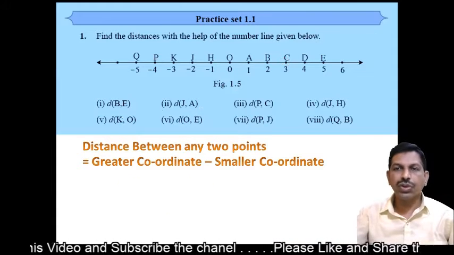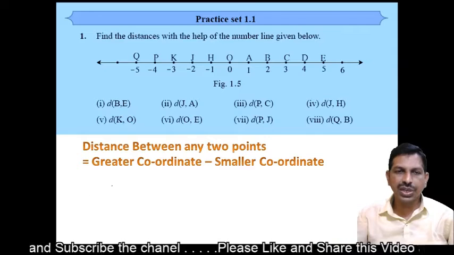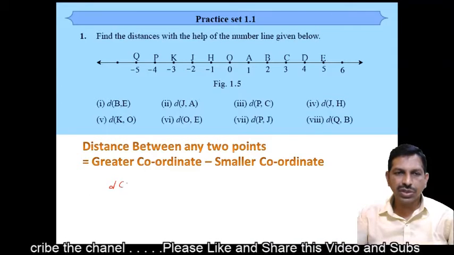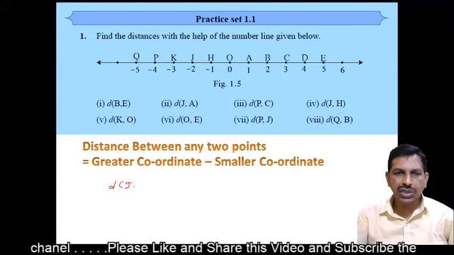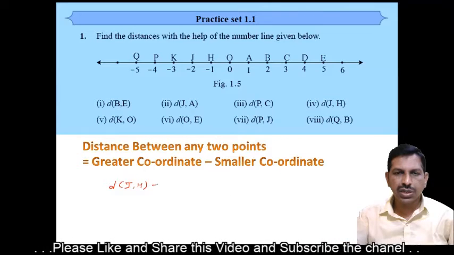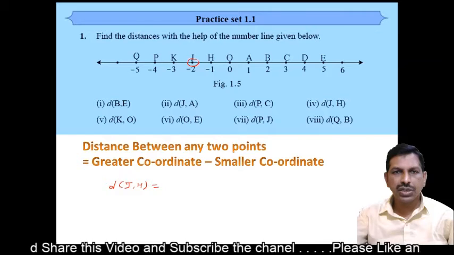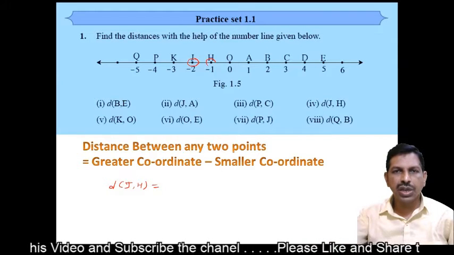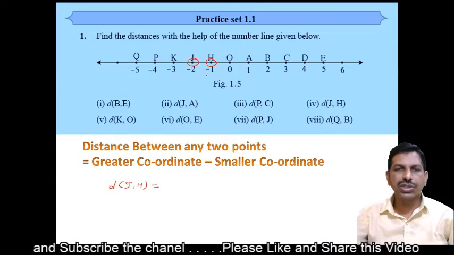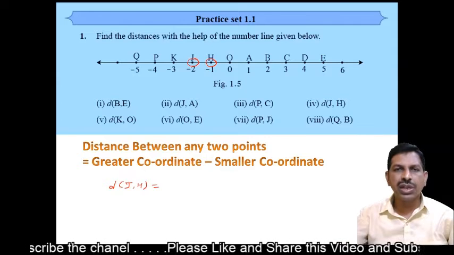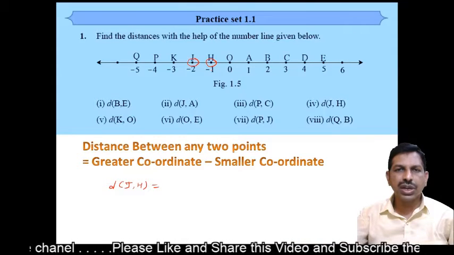Then the fourth example, distance of JH. Again, where is point J? This is point J and this is point H. So H is on the right hand side and J is on the left hand side. So H is the greater coordinate.